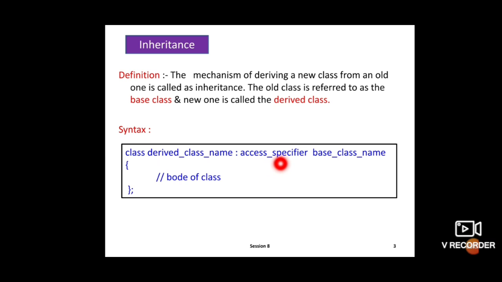Write one of them. Then the base class name, then begin and the body of the derived class, and end with a semicolon. Why a semicolon? Because it is also a class. This is the syntax of inheritance.